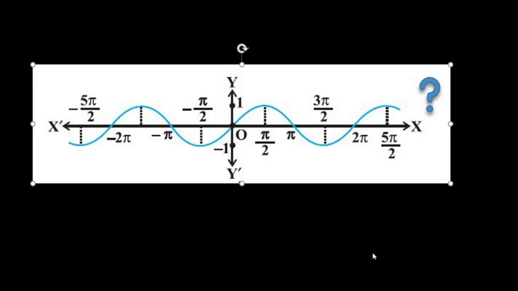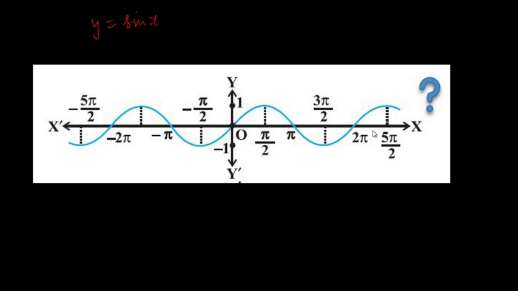Now let us try to understand these functions in terms of graphical representation. What does it represent? This graph represents y is equal to sin x. It is a sinusoidal wave, and that is why it's called sine of x.